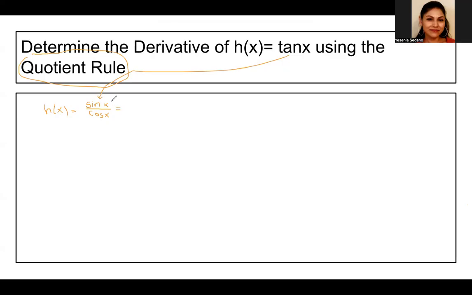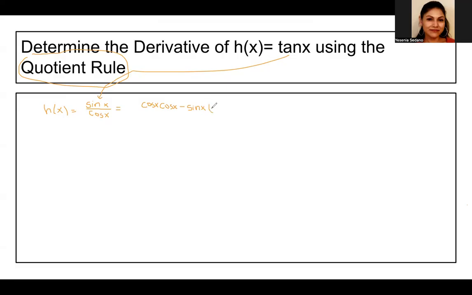Okay, so the quotient rule says you take the derivative of the top function. We know the derivative of the top function is cosine of x. Again, you can look at your resource or look at these notes. And then the quotient rule says to keep the bottom function the same, so that's multiplied by another cosine x, minus keep your top function the same. And then you take the derivative of your bottom function, which is the derivative of cosine, negative sine.